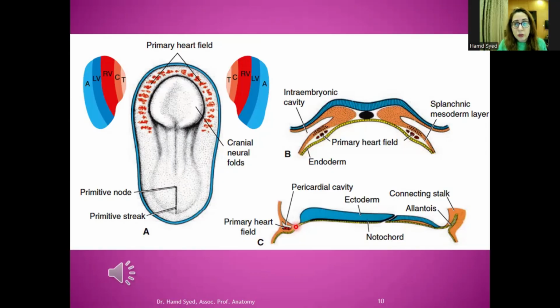Cranial, that is rostral, to this oropharyngeal membrane, you've got the primary heart field. And just above it, the part of the intraembryonic cavity which is lying above it is forming the pericardial cavity. So in the sagittal section, we can see that this primary heart field is lying anterior to the oropharyngeal membrane.